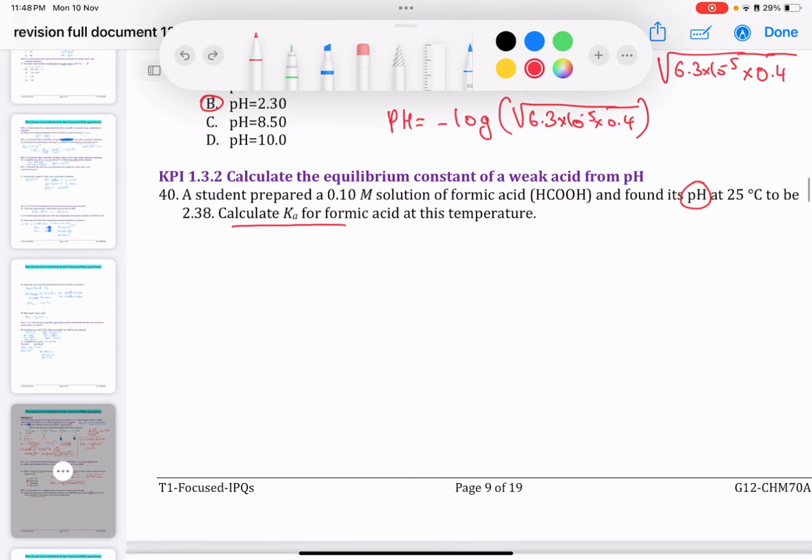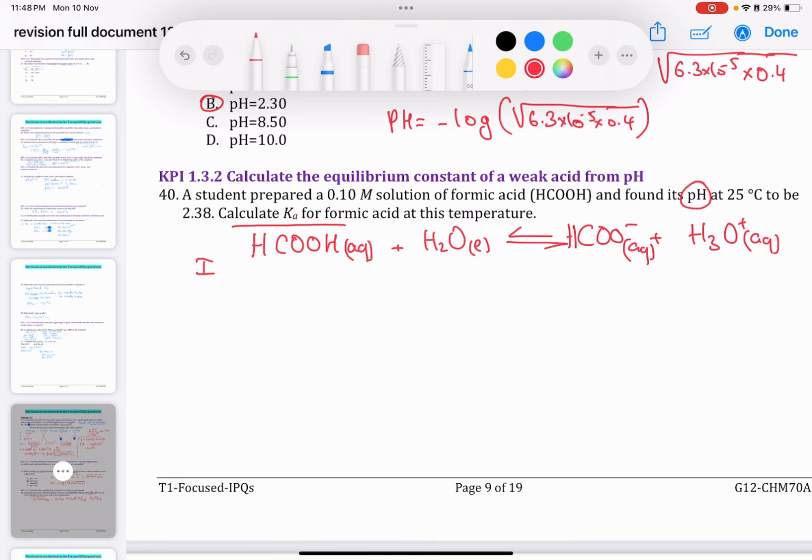I'm just going to do the same steps for a weak acid, and I must start by writing the ionization equation. To earn the full mark, you need to write the ionization equation, and you need to show the ICE table. So it is HCOO minus and H3O plus.